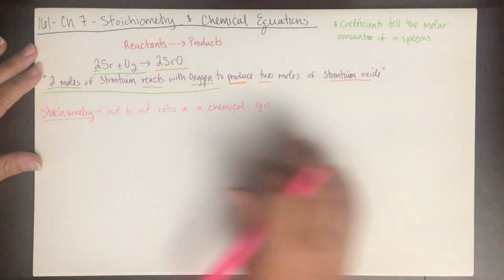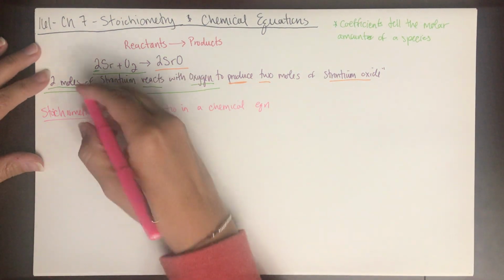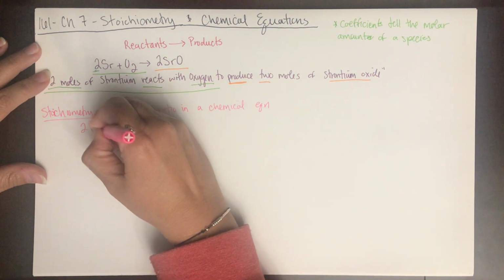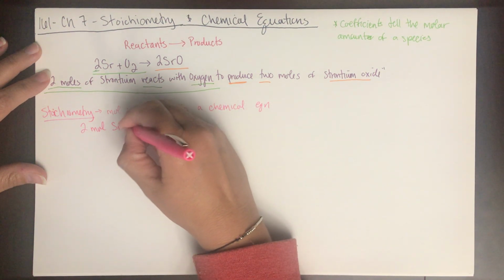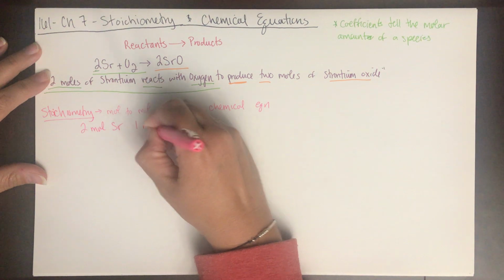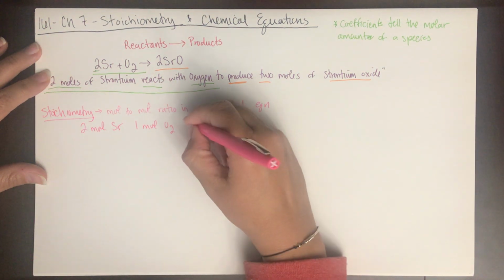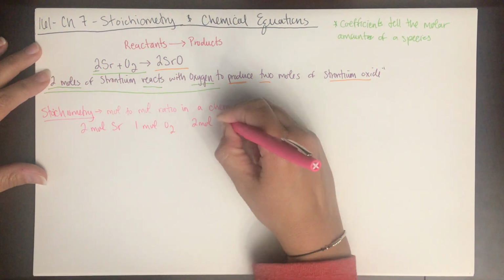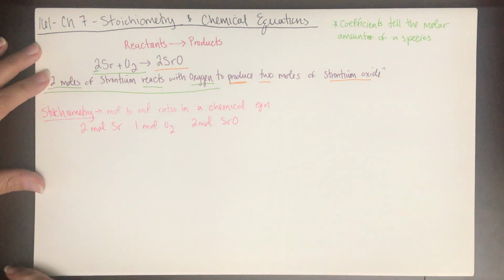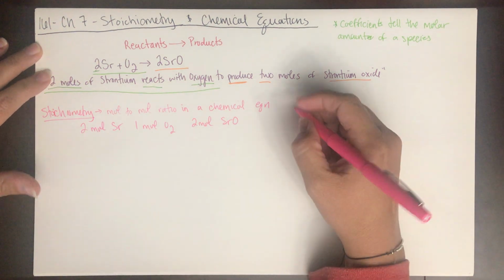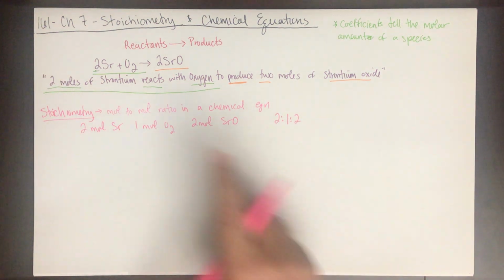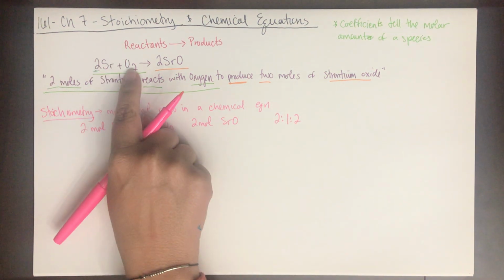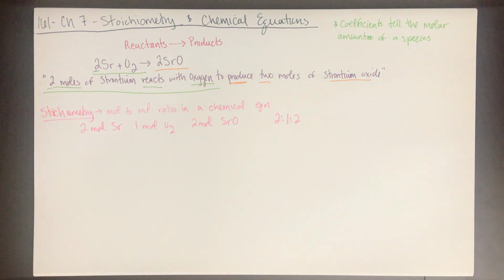What the mole to mole ratio means is I'm going to say 2 moles of strontium, 1 mole of oxygen will produce 2 moles of strontium oxide. So the mole to mole ratio in this equation would be 2 to 1 to 2. It takes 2 moles of strontium and 1 mole of oxygen to produce 2 moles of strontium oxide.